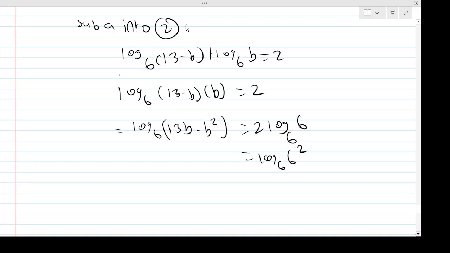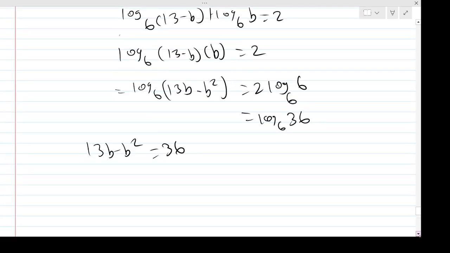So the two logs have to be the same, which means 13B minus B squared equals 36. So we've got a quadratic: B squared minus 13B add 36 equals 0.